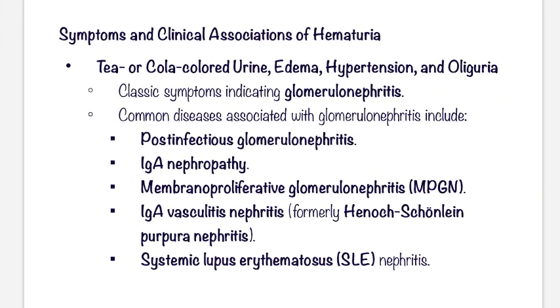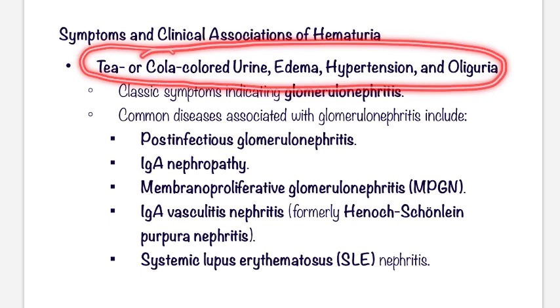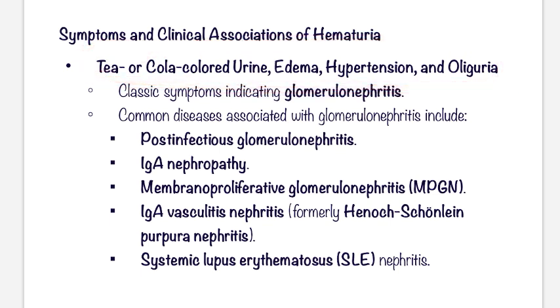Okay, so this is just a repetition of this. If you are able to see cola colored urine, edema, hypertension, oliguria, basically we are dealing with glomerulonephritis, which is one of the common causes of hematuria in children.